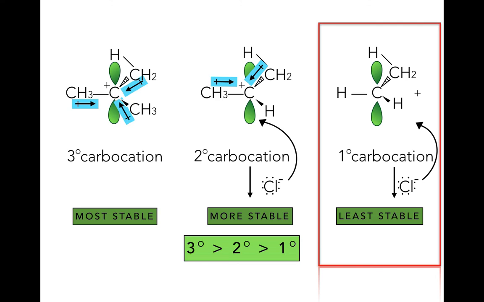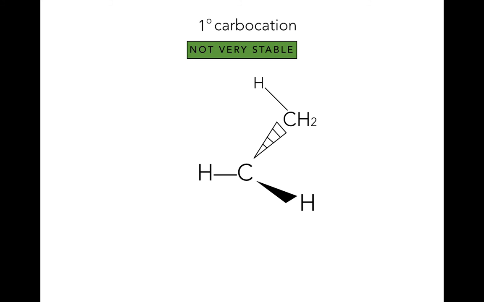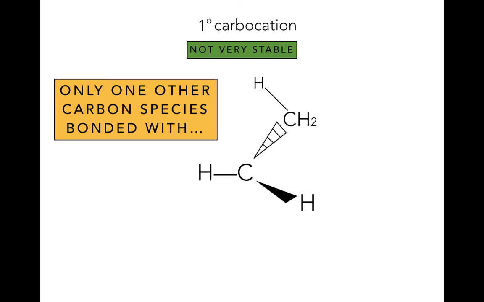Now let's take a look at the most unstable, my 1 degree carbocation. You'll notice here that I only have one other carbon species that I'm bonded to, my CH2. Hyperconjugation and inductive effect are still in effect here. I still have an empty orbital that needs negative charge, needs electrons, but I only have one CH group to draw from. I only have one neighbor.